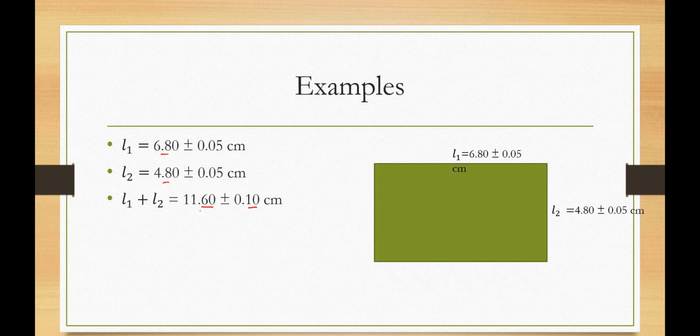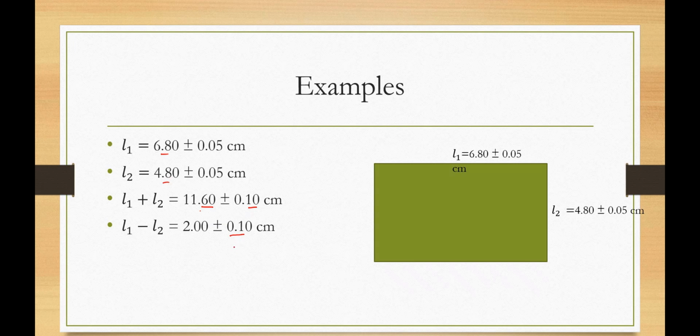Moving on. If we want to find out how bigger is L1 compared to L2, then we need to subtract. However, absolute uncertainties will still be added. That's why still we have 0.10 centimeter.